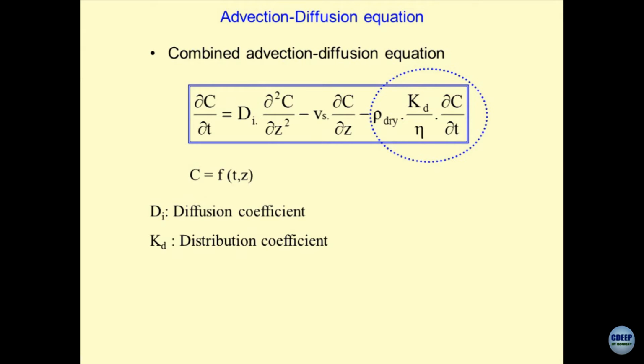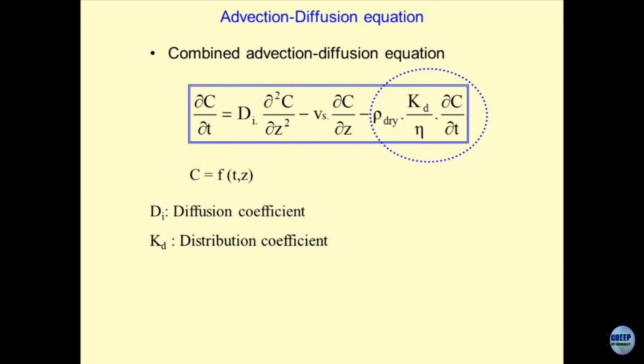Rate of change of concentration with respect to time is diffusion coefficient multiplied by del square C by del Z square. This is the second Fick's law, I hope you understand, minus seepage velocity into del C by del Z. What is this component? This is V into C, mass flux, clear. So, this is because of the seepage velocity, the rate of change of concentration along the length of the sample.